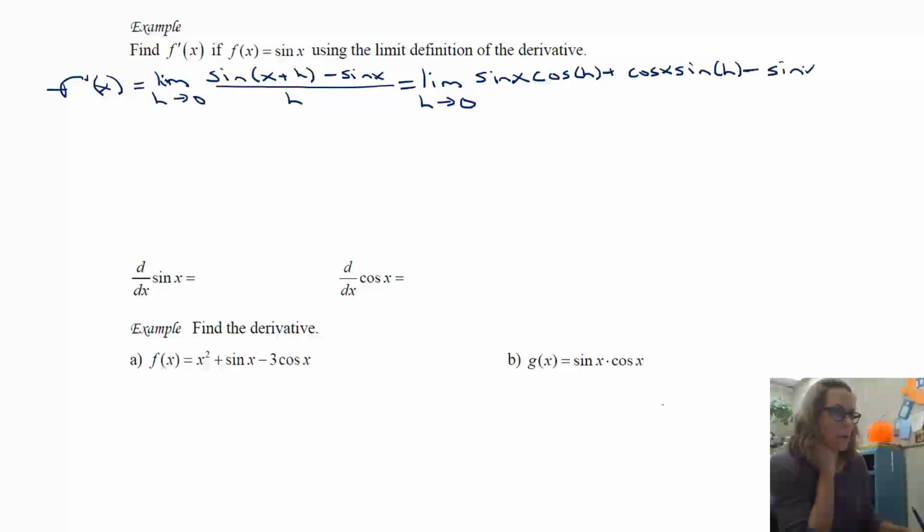So again, this is just a trig identity, but there's a point to it. You're going to see it. You just got to wait for it. Don't be impatient. Over h.